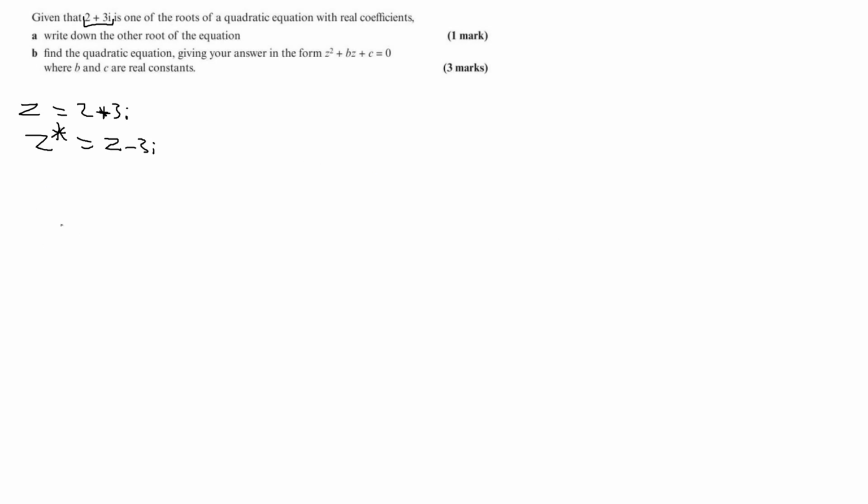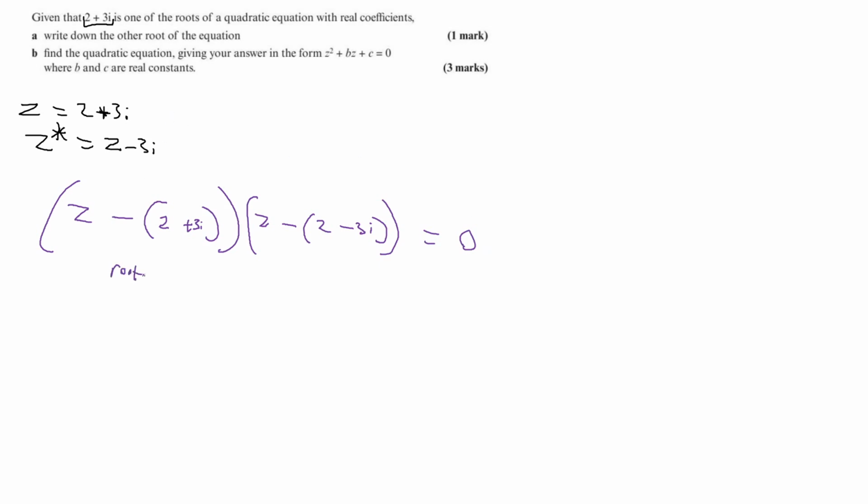So we can say that z minus one root, which is 2 plus 3i, and z minus the other root, which is 2 minus 3i. Doesn't matter which one it is. The bottom line is equal to 0. This is root 1, and this is my second root.